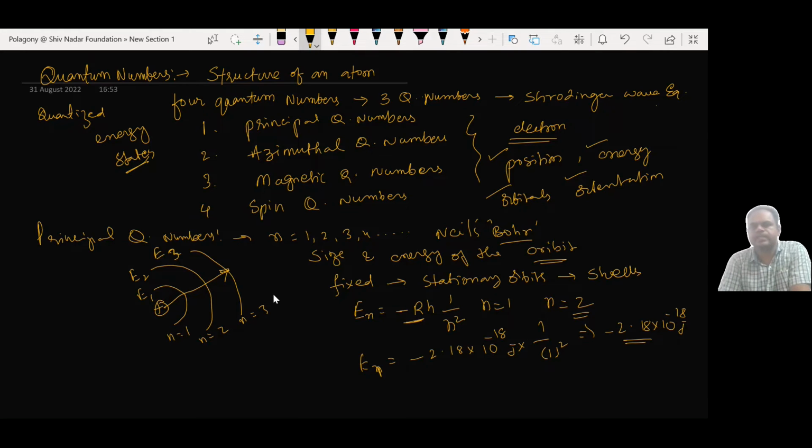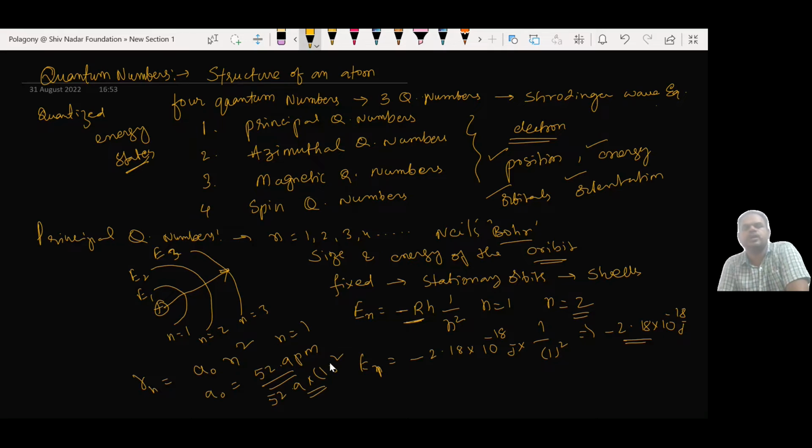So energy can be calculated, and even the radius of the nth orbit, by the formula a naught into n square, where a naught is a constant, 52.9 picometers. If n is equal to 1, then we get 52.9 picometers into 1 square.